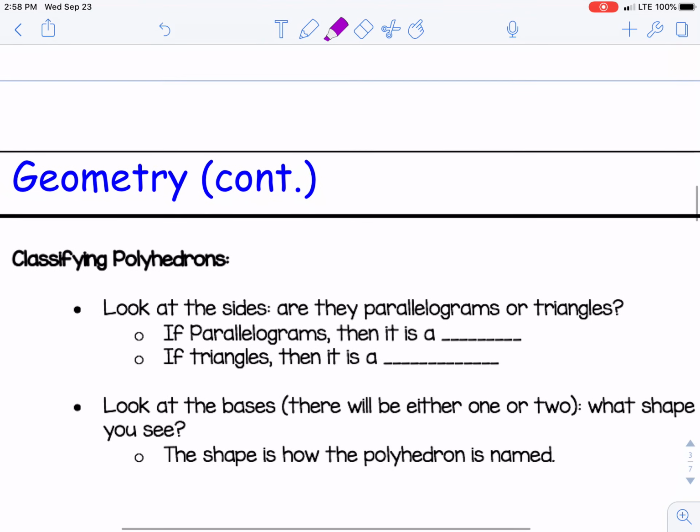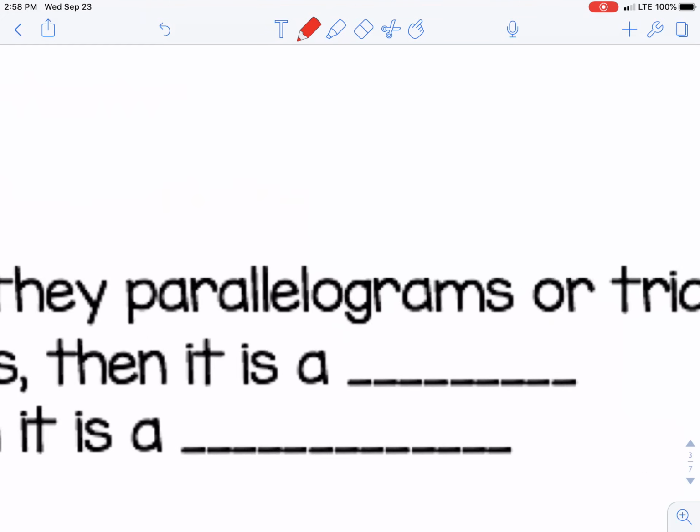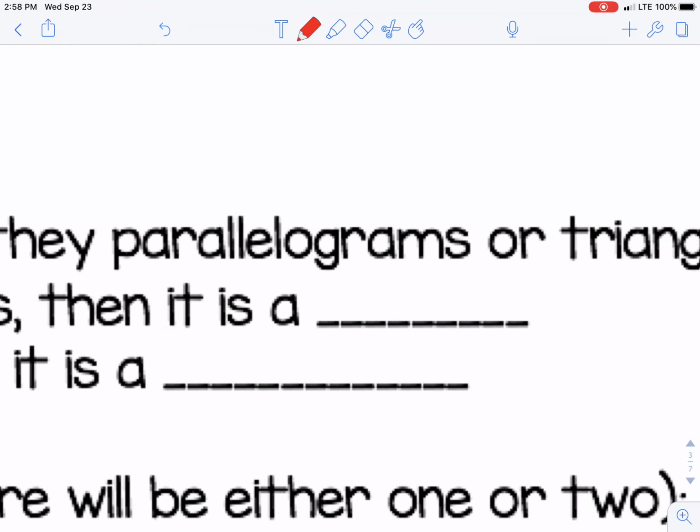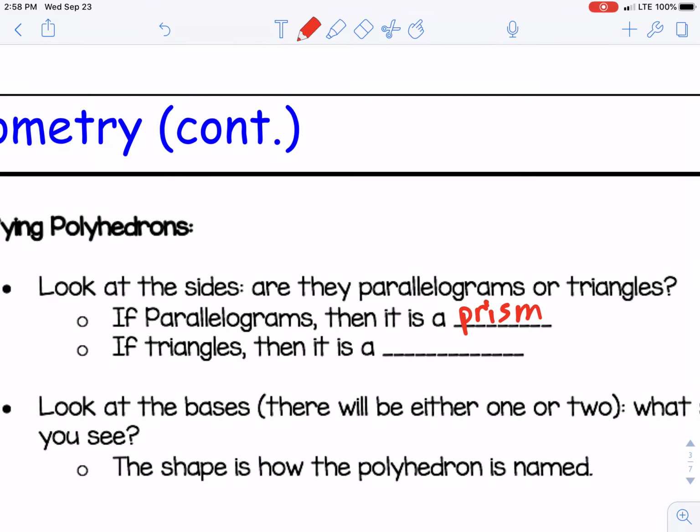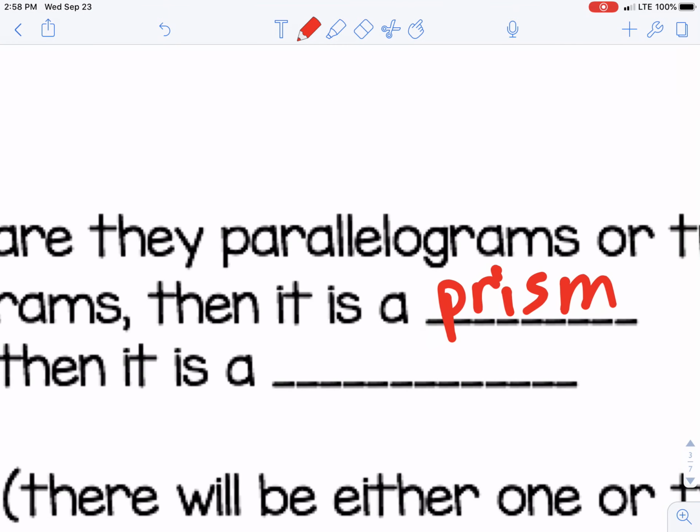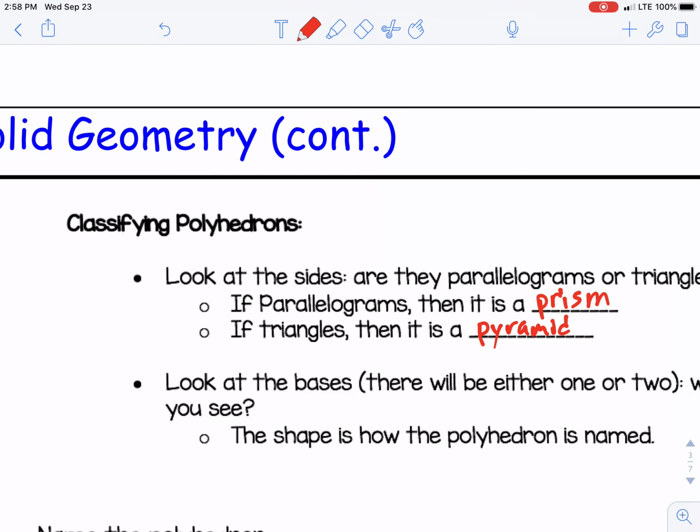So in order for us to do this, we have to follow these guidelines that we have here. Look at the sides. Are they parallelograms or triangles? If you see a lot of rectangles and things like that, it's usually a prism. If you see a bunch of triangles, it is a pyramid, right? If you see circles, then it's going to be either a cone or a cylinder.